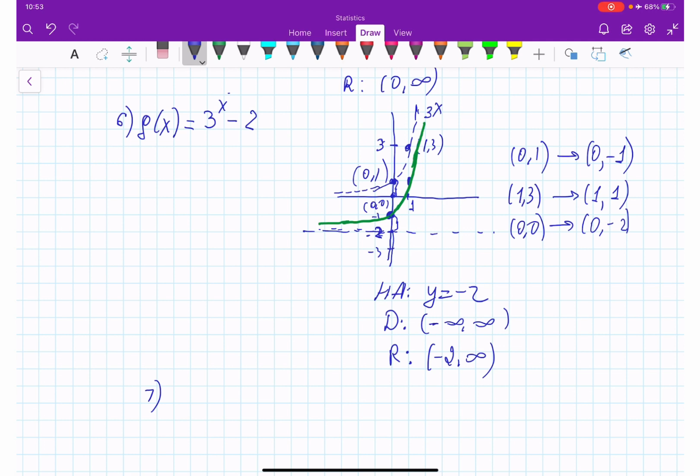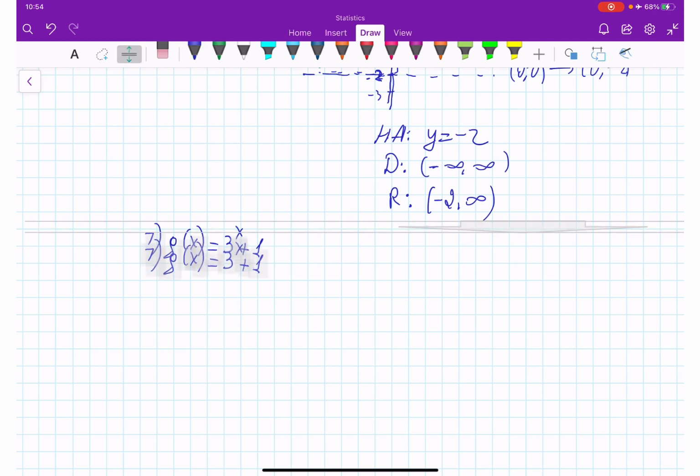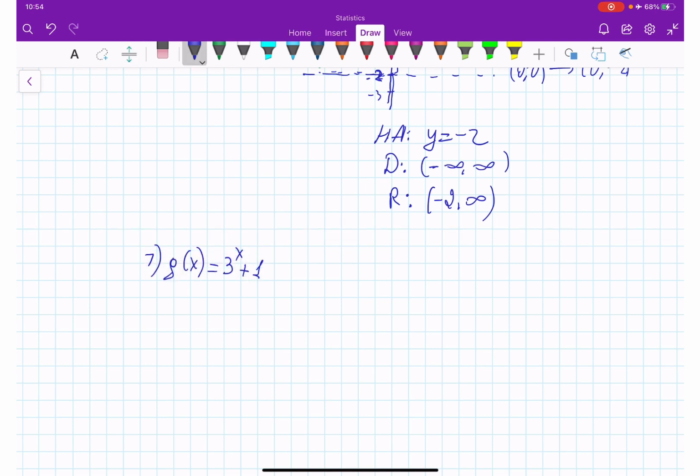We have g of x, and this time we're going to do 3 to power x plus 1. Let's move now up. Plus 1. So again, this is a change of y, right? Change of y. And let's see, the graph is going to look like.